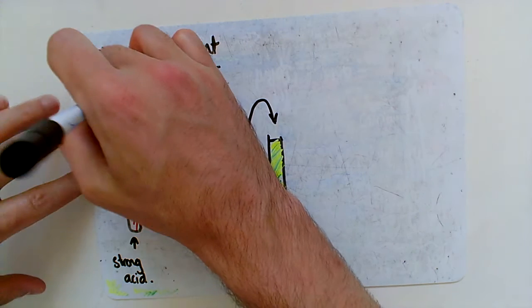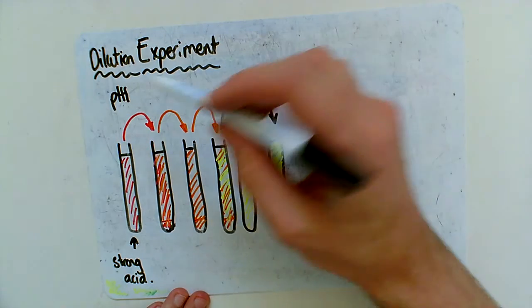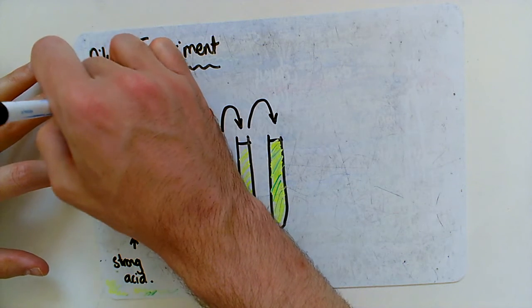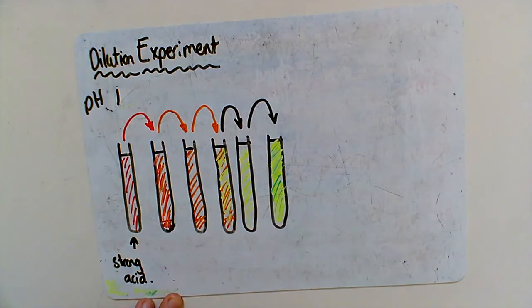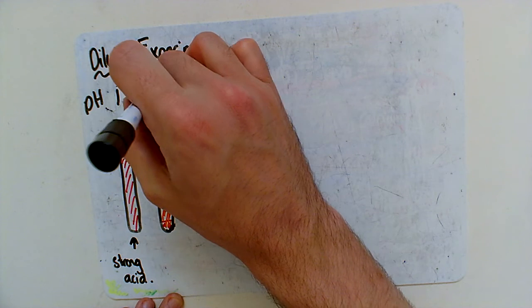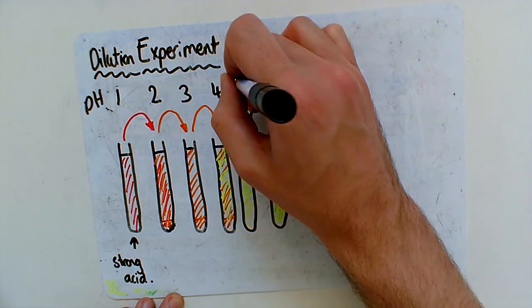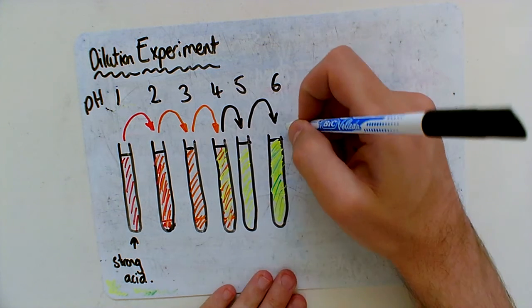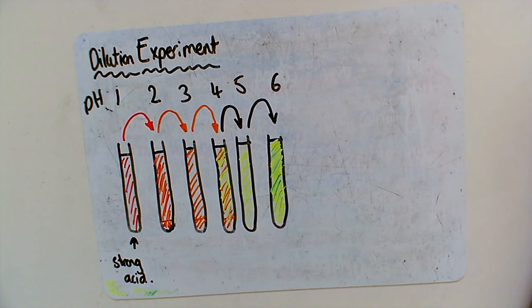So we started at pH 1, and remember, each one, we're diluting it 10 times because we're adding 1 and making it up. So we started at pH 1, we do the dilution, so it's 10 times less concentrated, pH 2, pH 3, pH 4, pH 5, pH 6. Now, you'd think, oh, maybe we can keep going on and on, and every time the pH is going to keep going up and up.